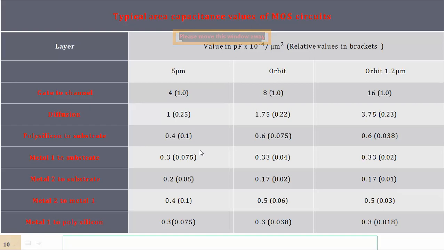These are the typical standard values for the three different technologies. Capacitance is measured in farads.